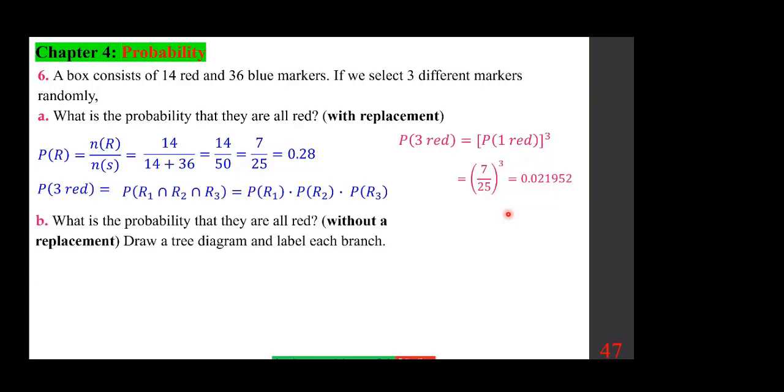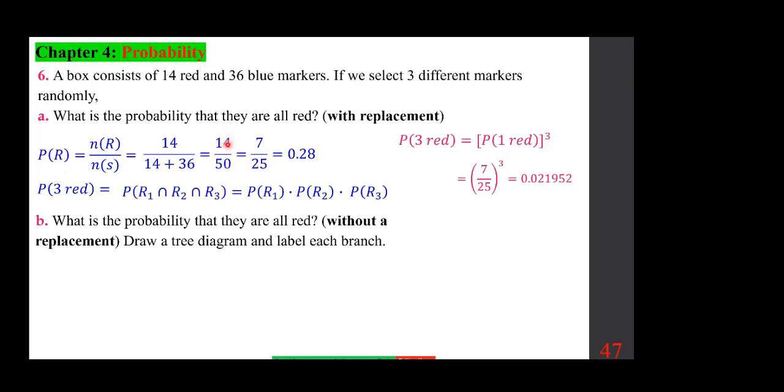In the next part, it's asking for the same question except without replacement. And what really matters is to understand, because it's without replacement, whatever the first one is not changing. It is still 7/25 for the red. But when we go to the next stage, first and foremost, the total of 50 is no longer there, it's 49.